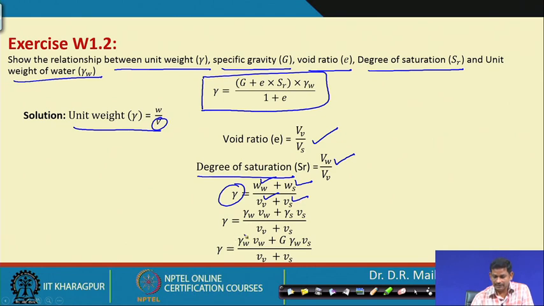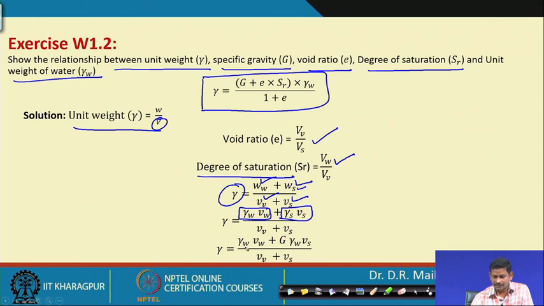So W_w can be written like this. How would we write? Because this is density, this is the volume, density multiplied by volume you will get weight. Similarly, density multiplied by volume of solids you get weight of solids, and you keep the rest of the things.